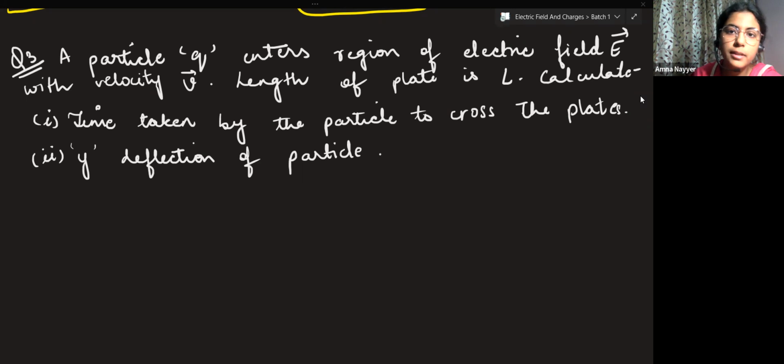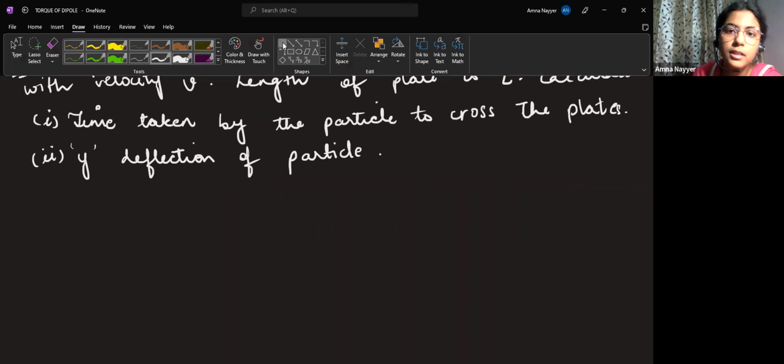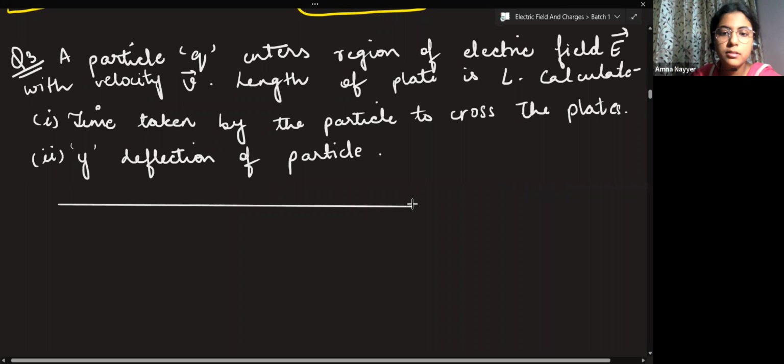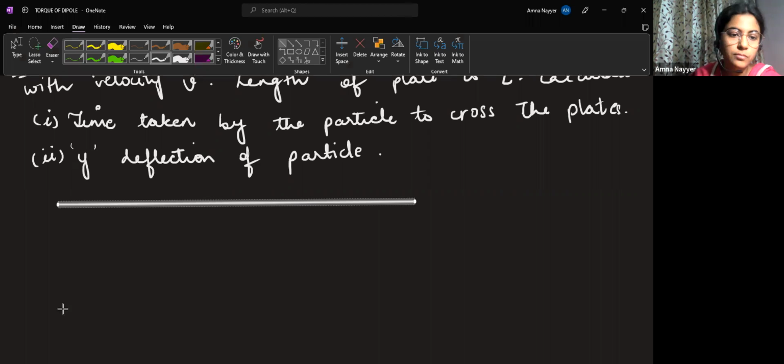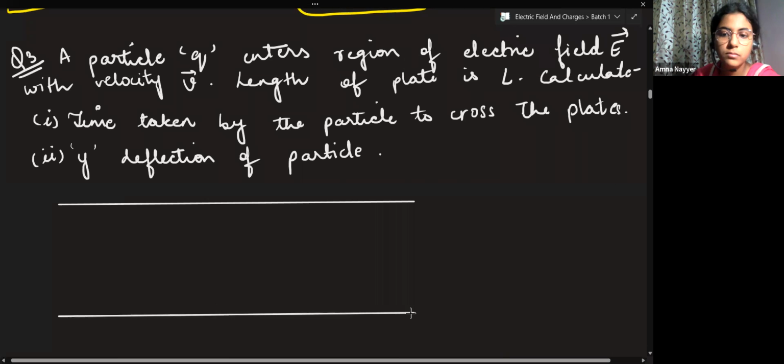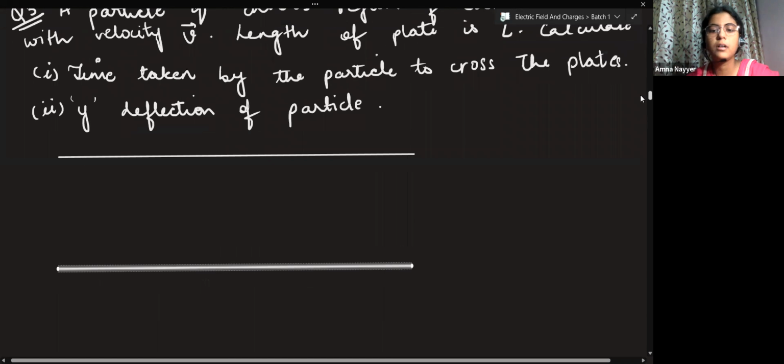What does it say? Again, you have a set of two plates. One will be negatively charged, the other plate is positively charged.